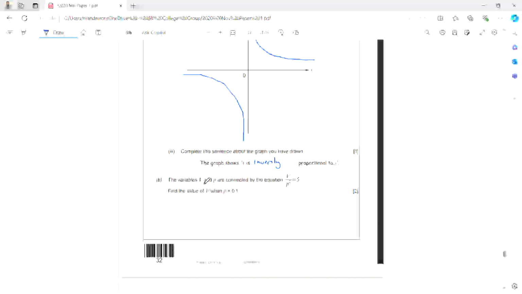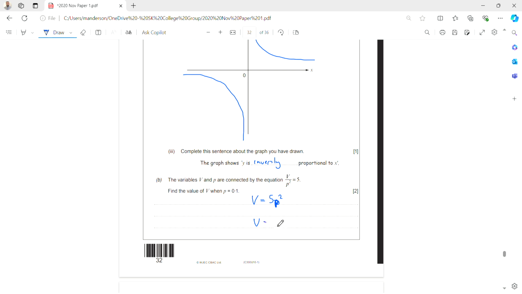The variables v and p are connected by the equation v over p squared equals 5. Find the value of v when p equals 0.1. So the first thing I'm going to do is rearrange this equation to be v equals 5p squared, by multiplying both sides of my equation by p squared.